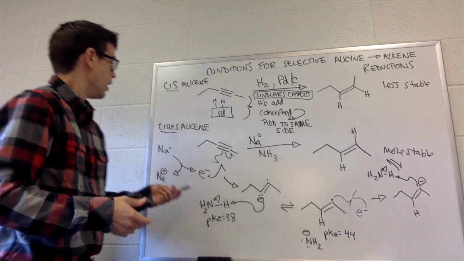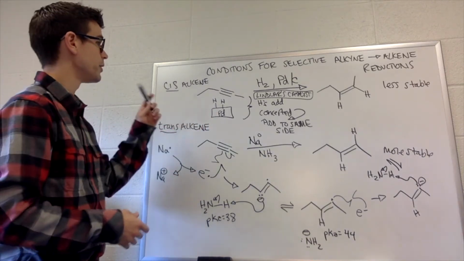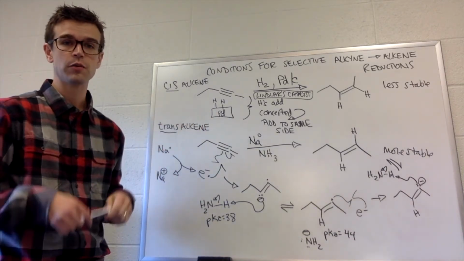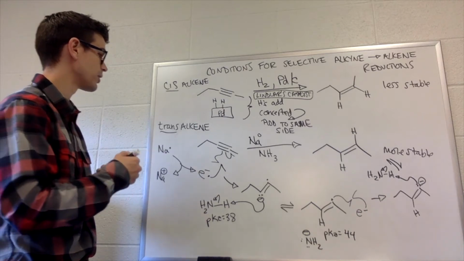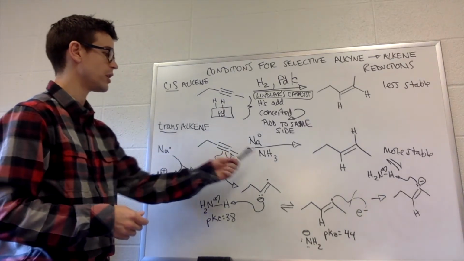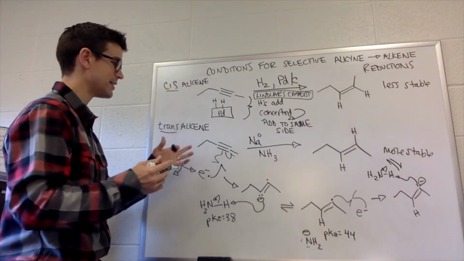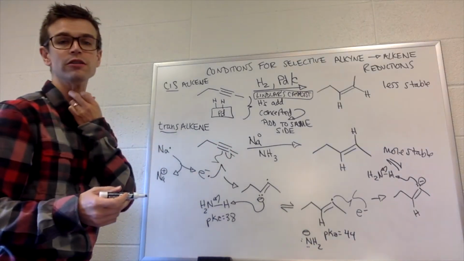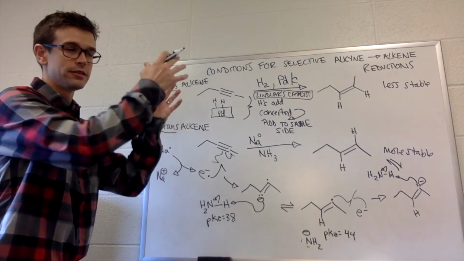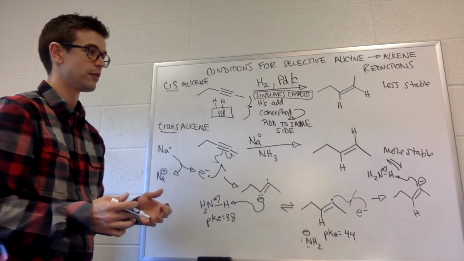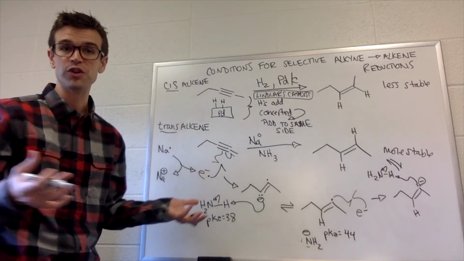So if we want the cis alkene, we use a catalytic hydrogenation with Lindlar's catalyst. If we want a trans alkene, we use sodium and ammonia, and this has a name. Sodium is a metal, so remember, elements in the first group are called, I guess just everything to the left is really a metal.